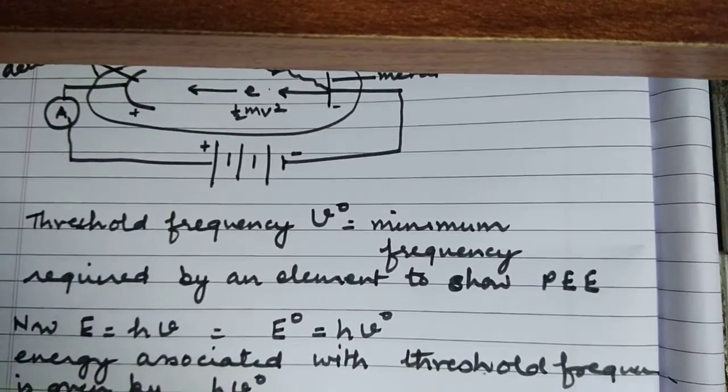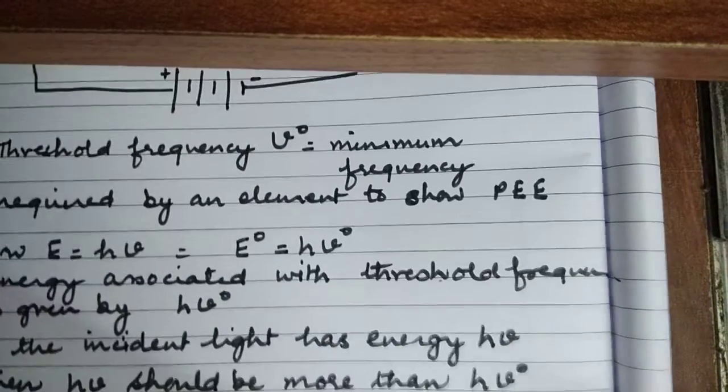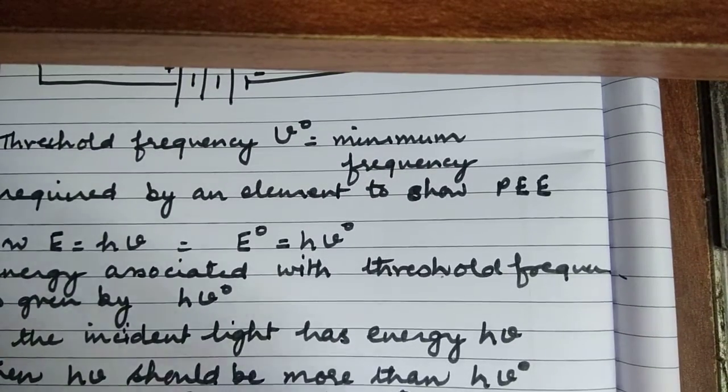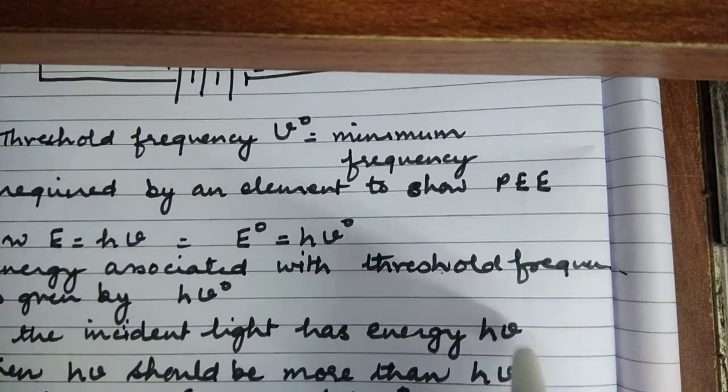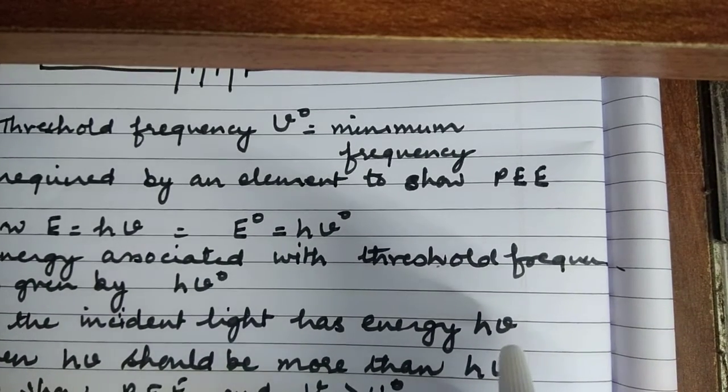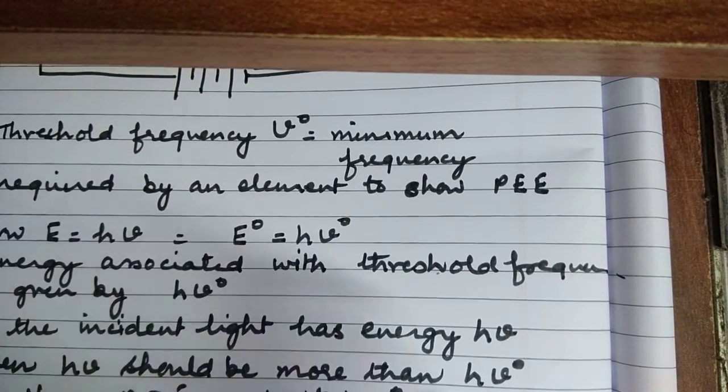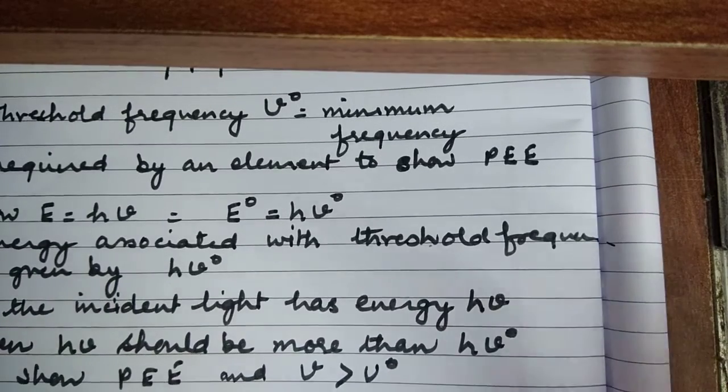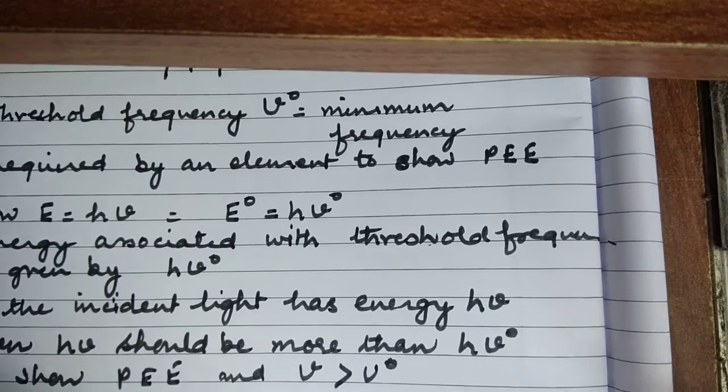Okay, we go ahead. Suppose now a radiation is incident and it has an energy h nu. Then h nu should be more than h nu 0. Planck's constant की value तो बढ़ नहीं सकती, पर nu 0 की value तो बढ़ सकती है. Now to show photoelectric effect, nu should always be larger than nu 0.